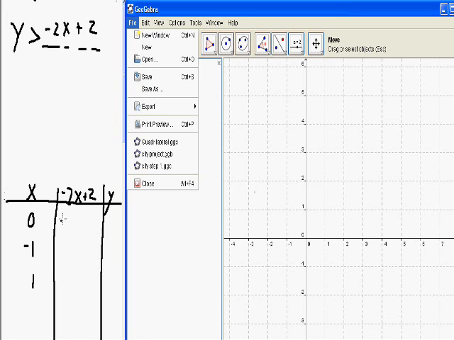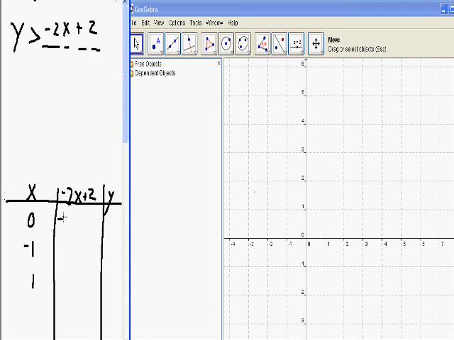Okay, now we have x equals 0, so I'm going to take negative 2 times x, and in this case that's 0, and add 2. Well, anything times 0 is 0, so when I add the 2, I get 2. So I have a point 0, 2.